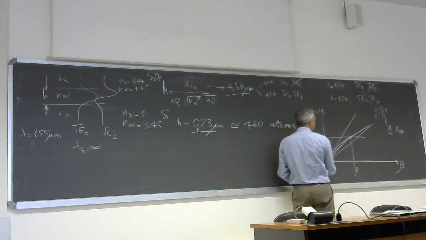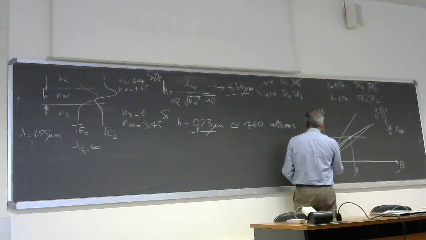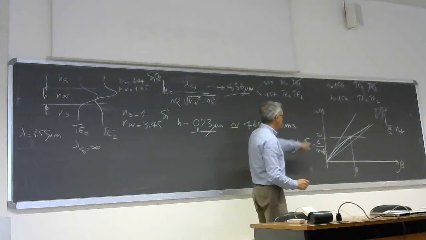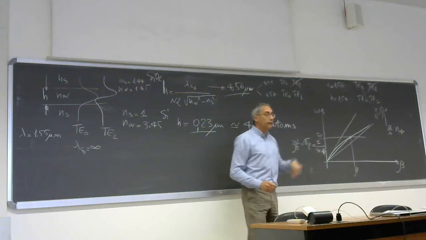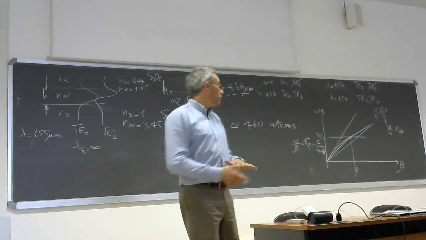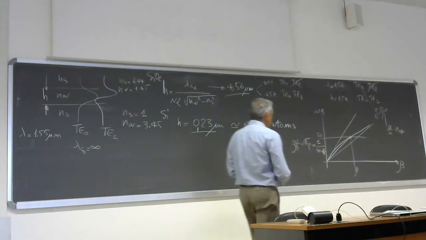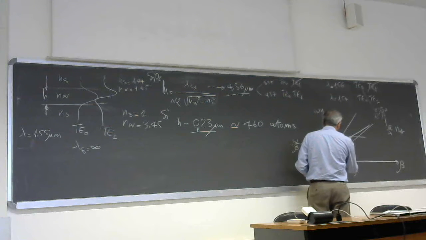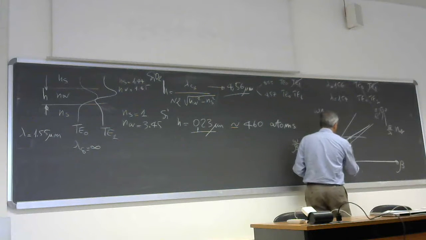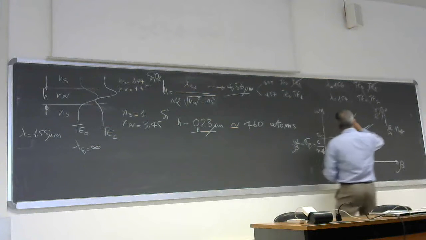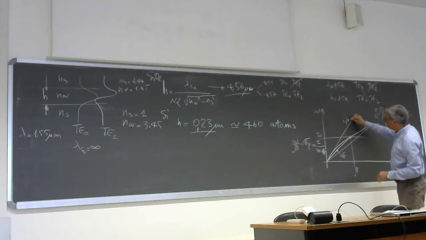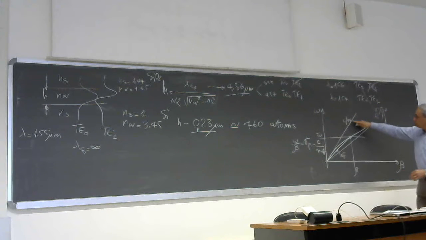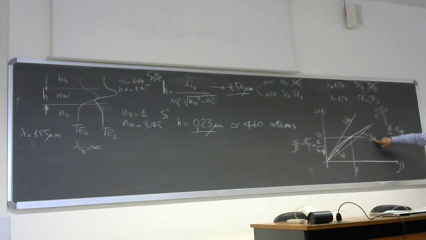So it is the speed of light in vacuum divided by the effective index, if you substitute the expressions of beta and omega in this relation. This slope is the phase velocity of the light in the substrate, and this is the phase velocity of the light in the core material.